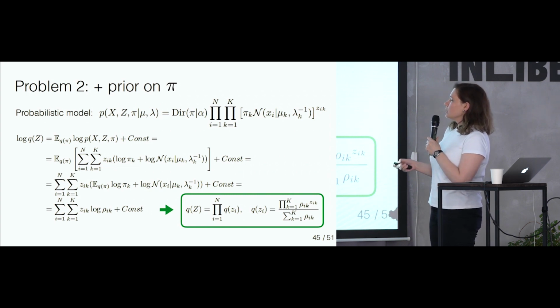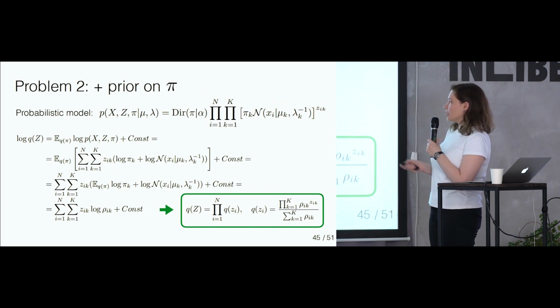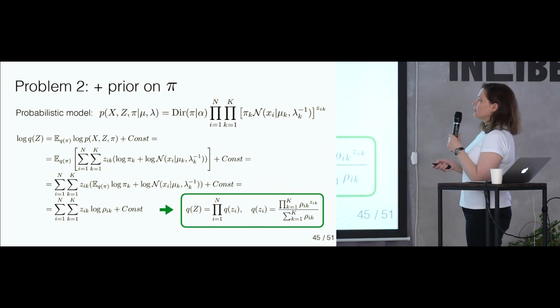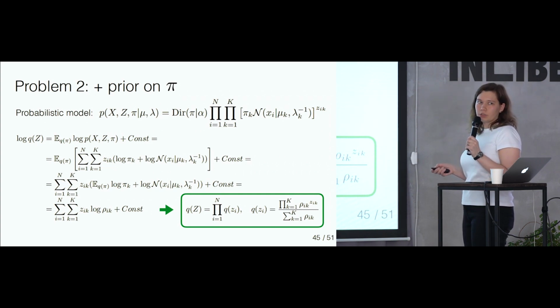Then we put our probabilistic model under the expectation, and also take the logarithm of our probabilistic model. And then we see that we have here an expectation, and only this logarithm of P depends on P. So we only need to take the expectation with respect to P from this term.